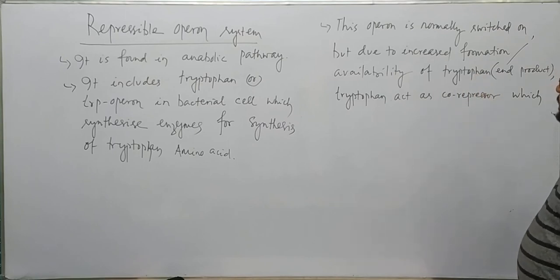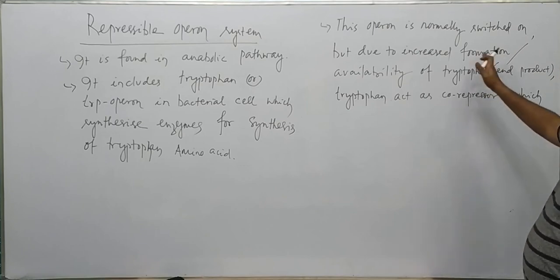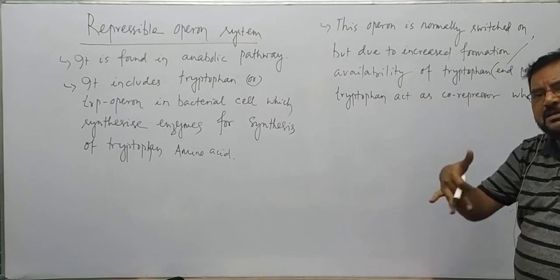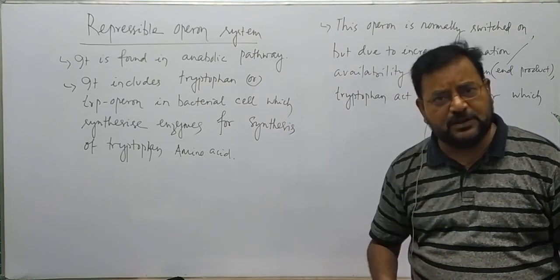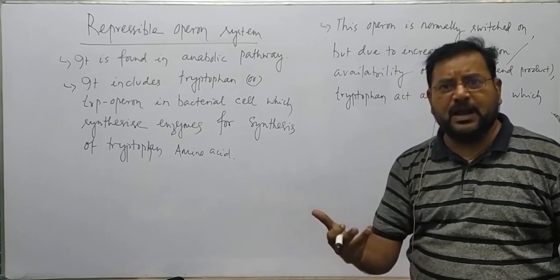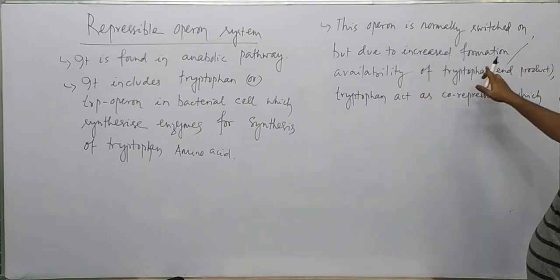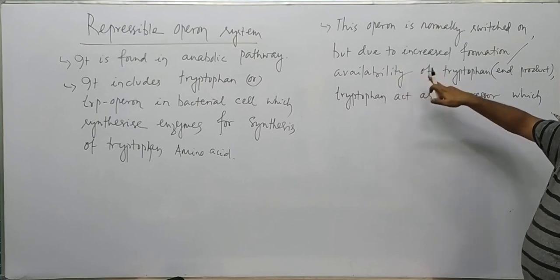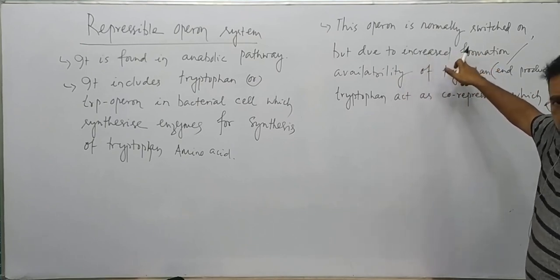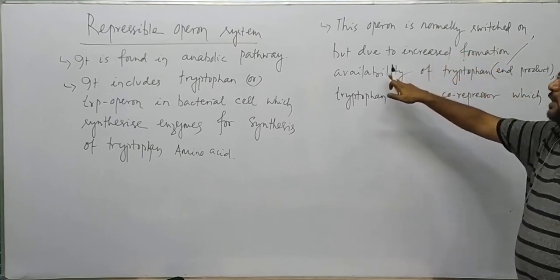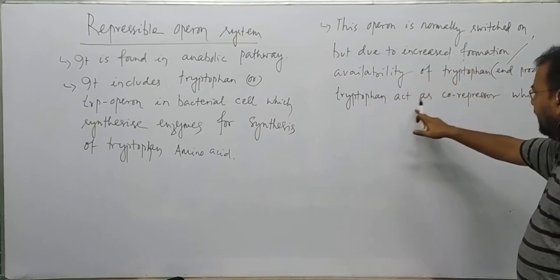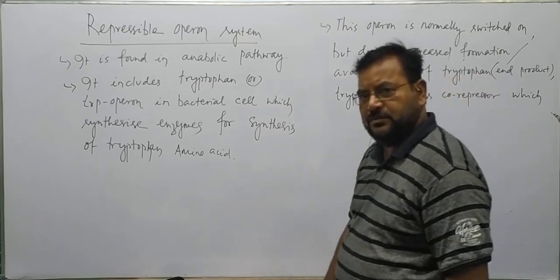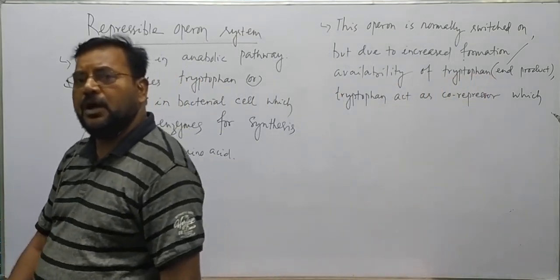but due to increased formation or increased availability, either it is formed inside the bacterial cell, or it is supplied from an outside source. If we provide the bacterial cell with tryptophan, then availability will become more. So either due to increased formation or availability of the tryptophan, the end product, that tryptophan acts as a corepressor, because tryptophan is going to stop the operon.